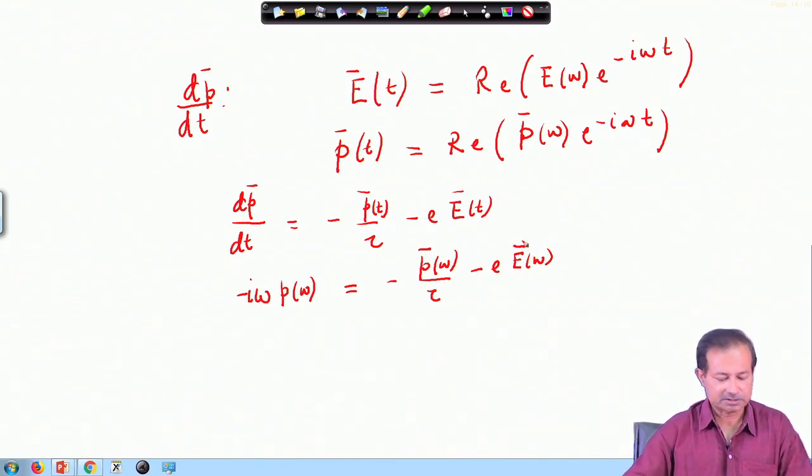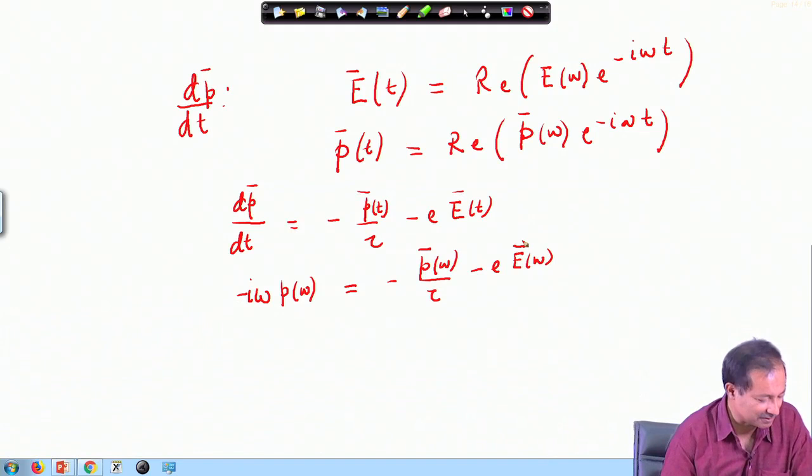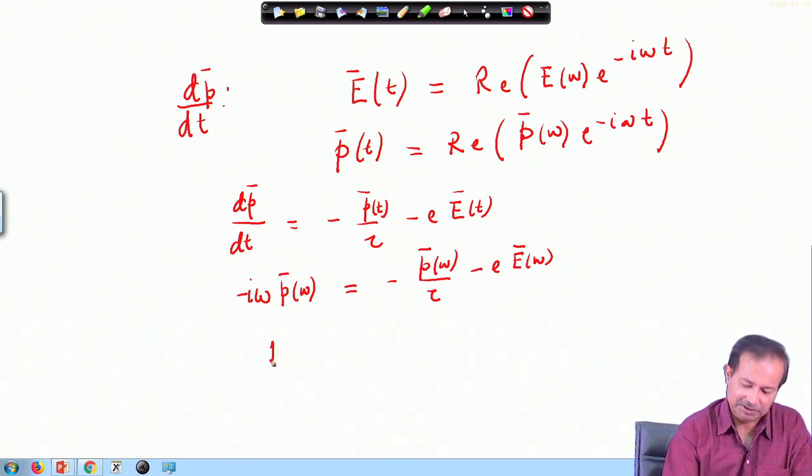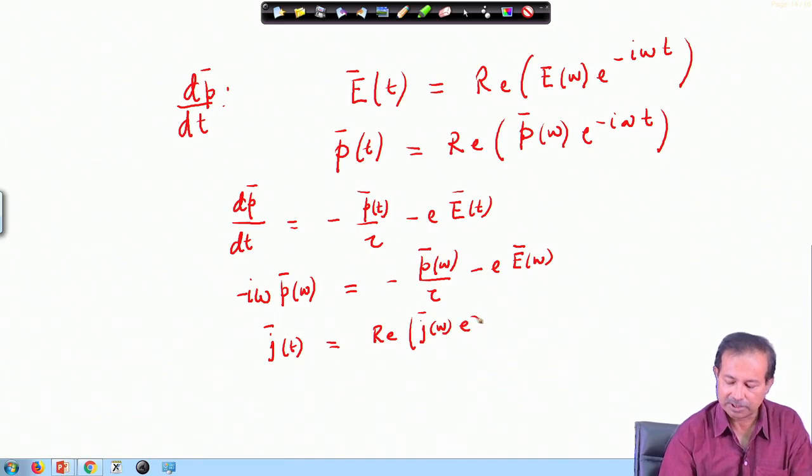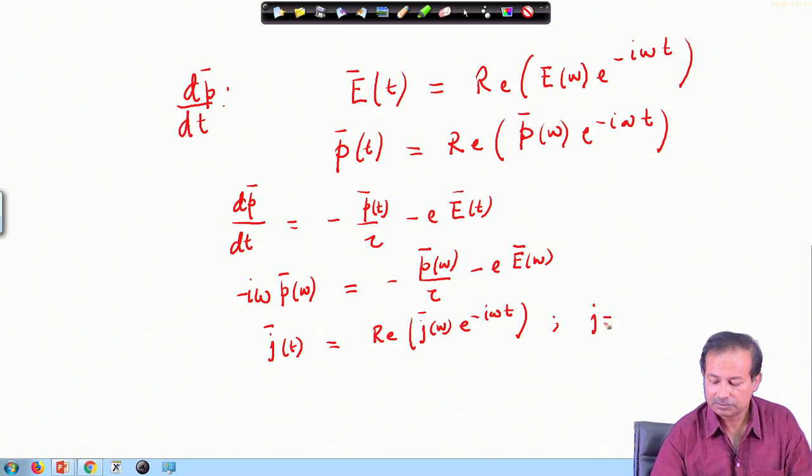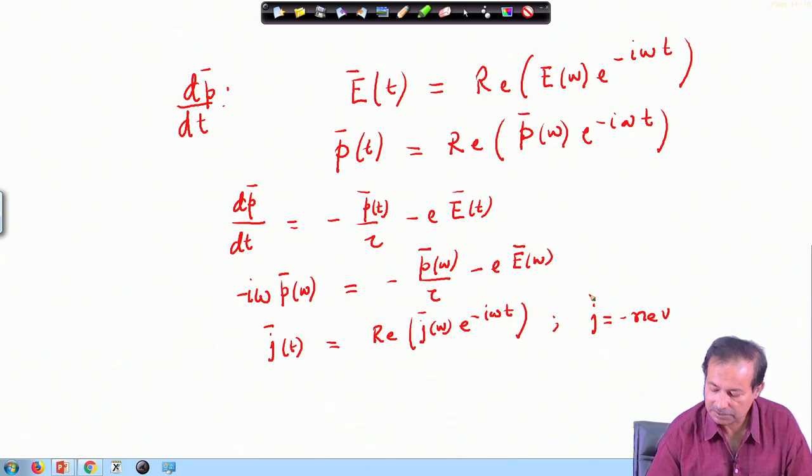Now, this equation is very easily solved. You can just write down the current from this equation. I can assume the current to be following this frequency, so this current is again the real part of j of omega e to the power minus i omega t, and j equal to n e v for electrons, equal to minus n e p by m.